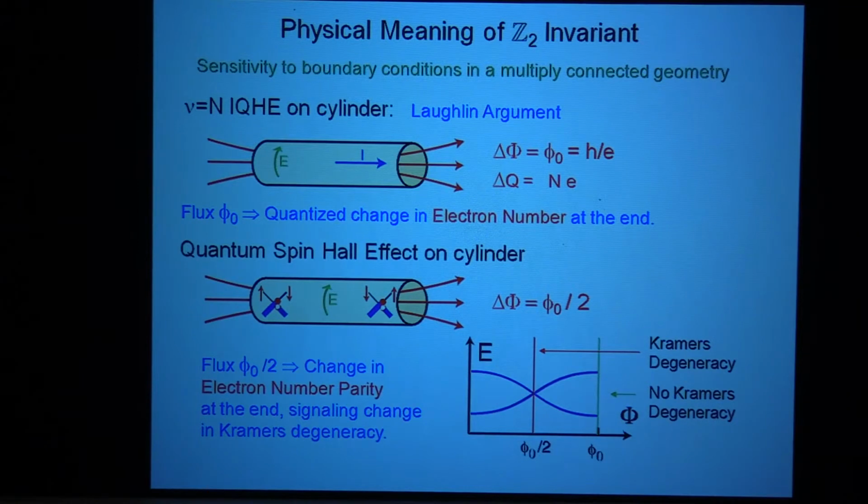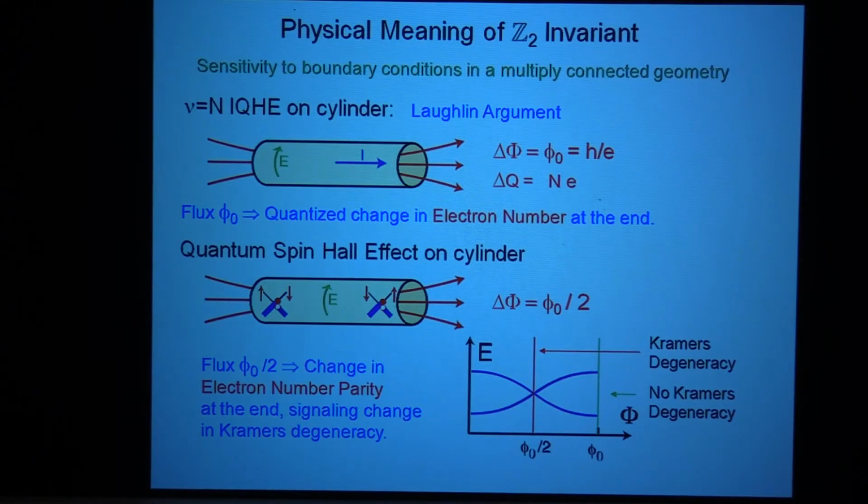So I thread a flux h over 2e. Now, the thing that is special about h over 2e is that you can always gauge away an integer number of flux quanta, right? So 0 is the same as h over e, which says that h over 2e is the same as minus h over 2e.